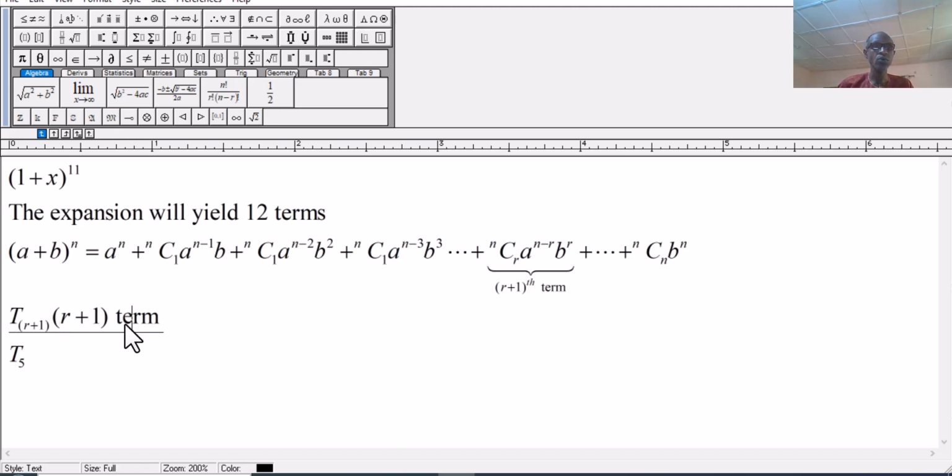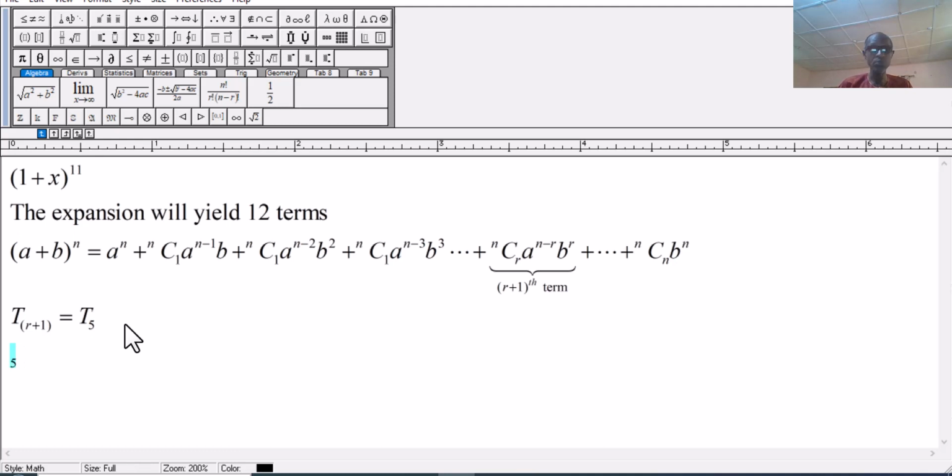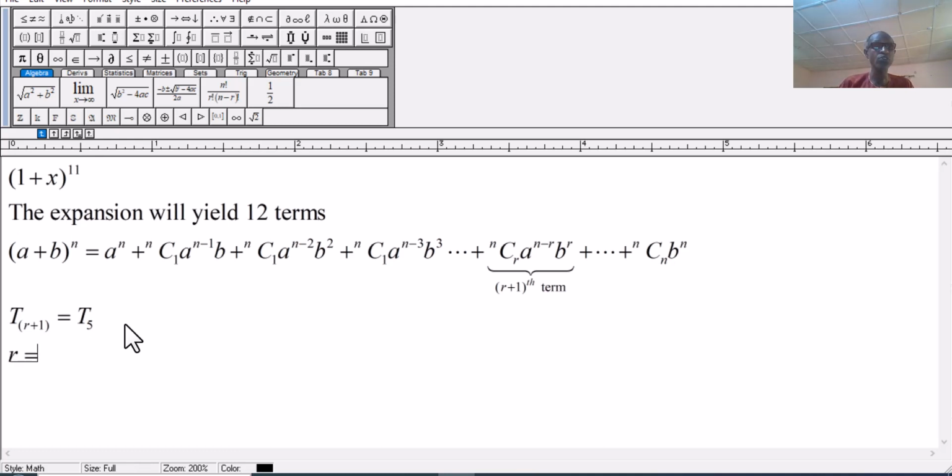So r plus 1 is equal to 5, let's say it's T5. So we can get our r now. r plus 1 is equal to 5, which implies that our r is equal to 4.